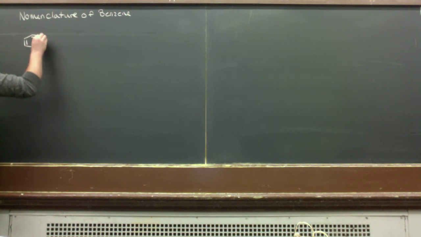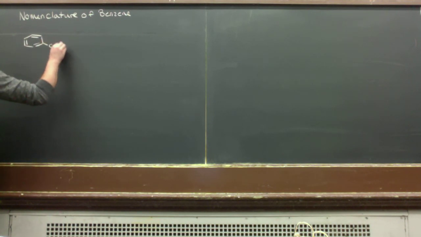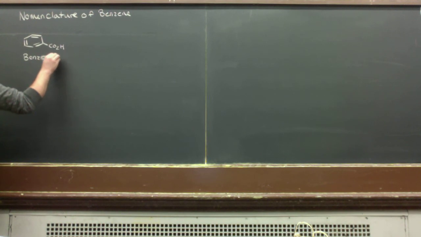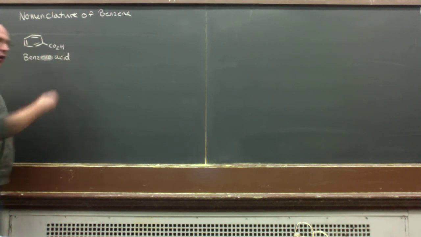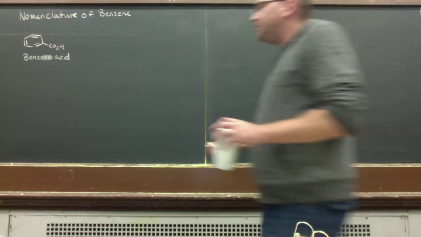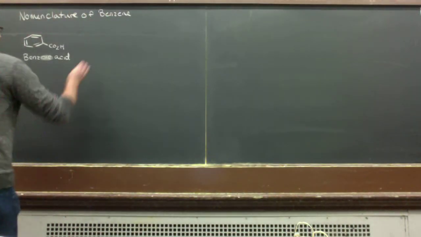If you have benzene that has a carboxylic acid connected to it, that's going to be benzoic acid. You guys might already know this because you've worked with benzoic acid in labs quite a bit. That's the fortunate thing about a lot of these compounds.